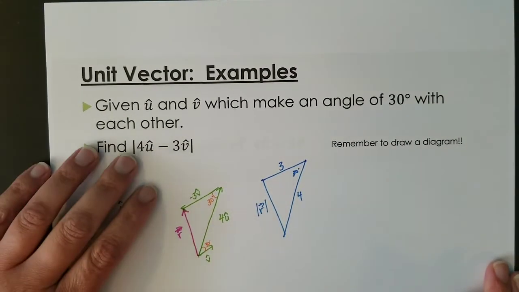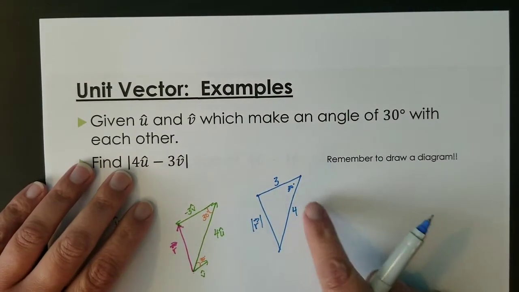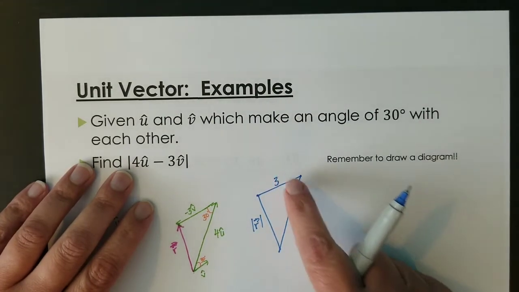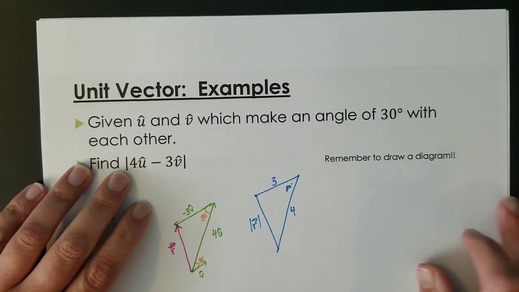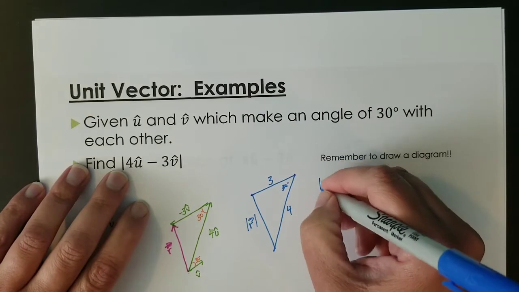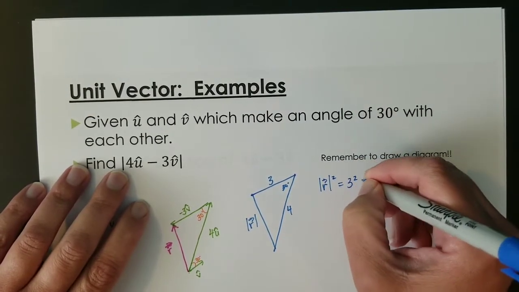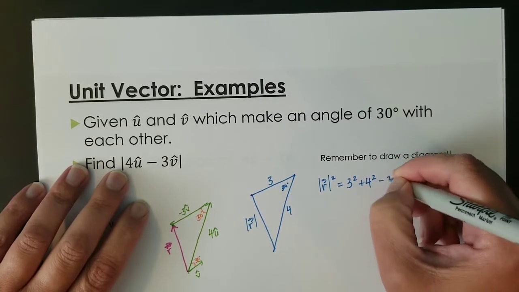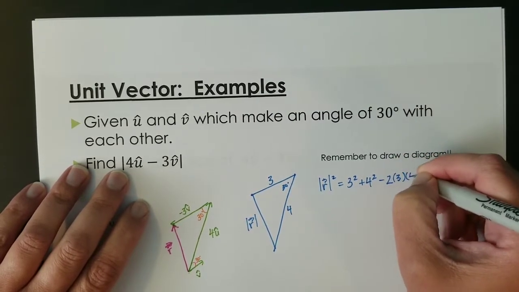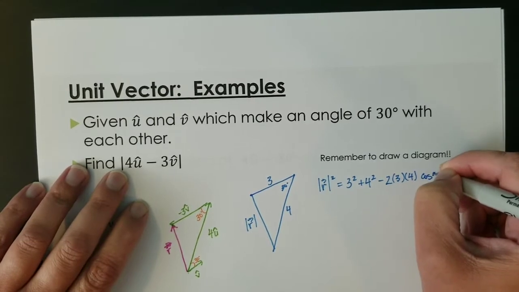So if I want to find the magnitude of this resultant vector, I'm going to be using the cosine law with the 3 and the 4 as the two sides and the 30 degrees as the angle between them. So the magnitude of r squared is 3 squared plus 4 squared minus 2 times 3 times 4 times cos 30.